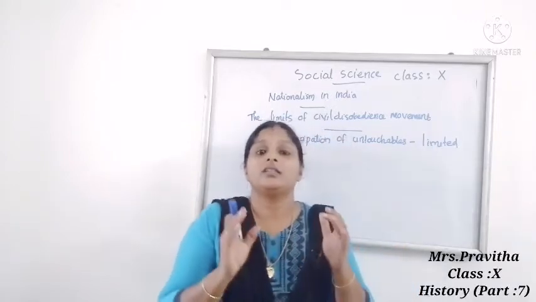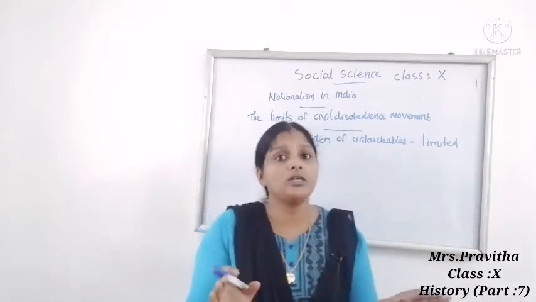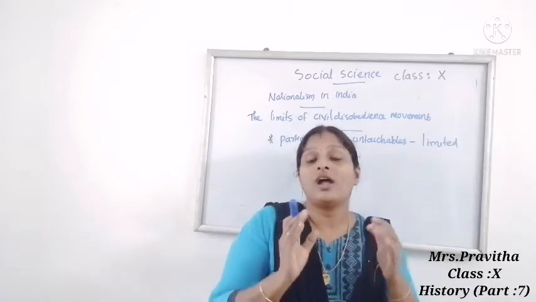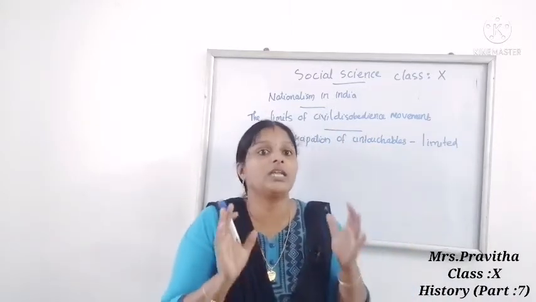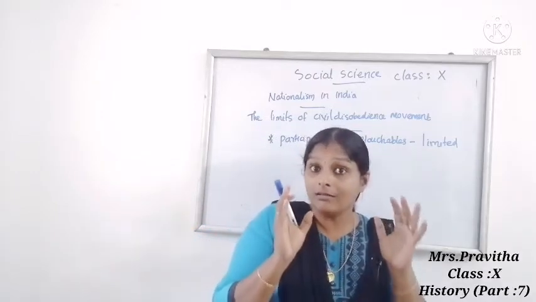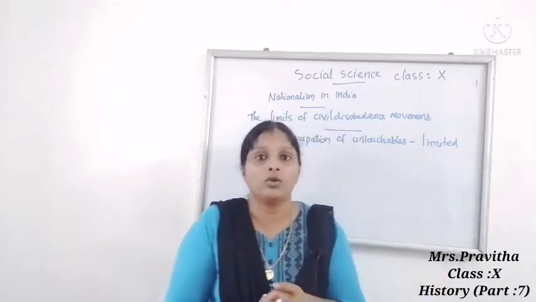But Gandhiji declared that Swaraj would not come for 100 years if untouchability was not eliminated from India. For 100 years we won't get freedom, according to Gandhi.